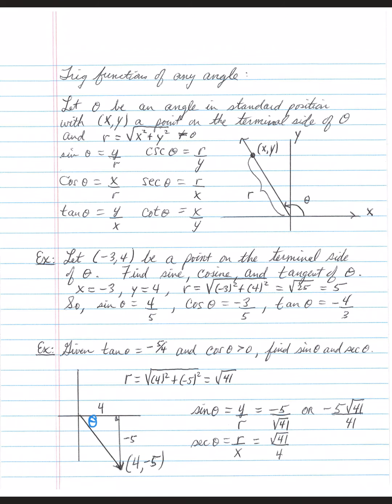Because we are right of the y-axis, we're guaranteed an x-coordinate that's positive. That satisfies this. 4 squared plus negative 5 squared, that's 16 plus 25, which is 41. And so that tells us that from the origin to the point (4, -5), there's a distance of square root of 41.